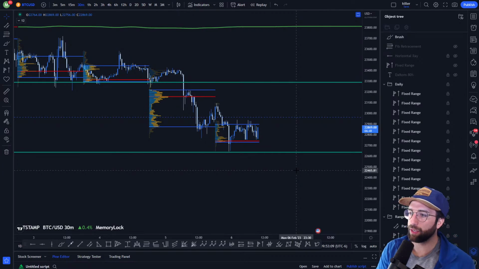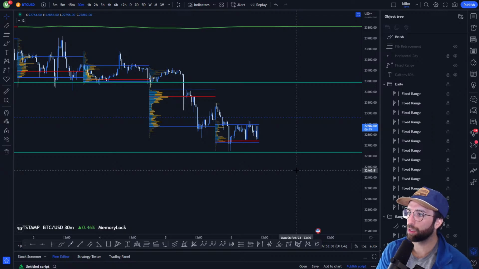The takeaways here are using a fixed range volume profile for drawing your ranges. Using it for market structure, you can draw them based on time. You can use them to identify daily, weekly, and monthly naked points of control that can act as a magnet for future price action and give you at the very least some kind of a day trade, if not a swing trade, if there's the right degree of confluence.